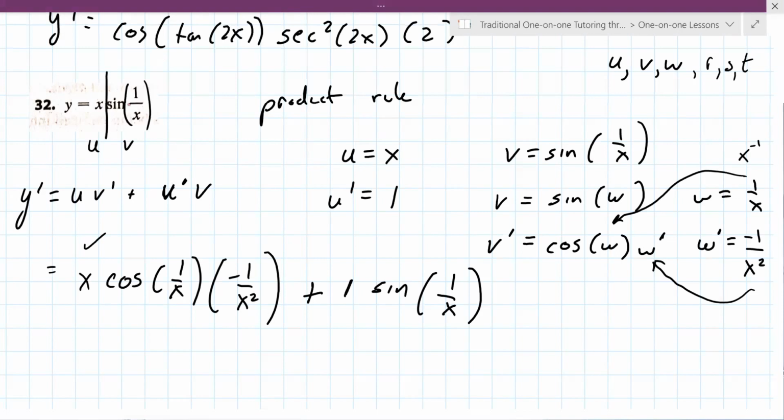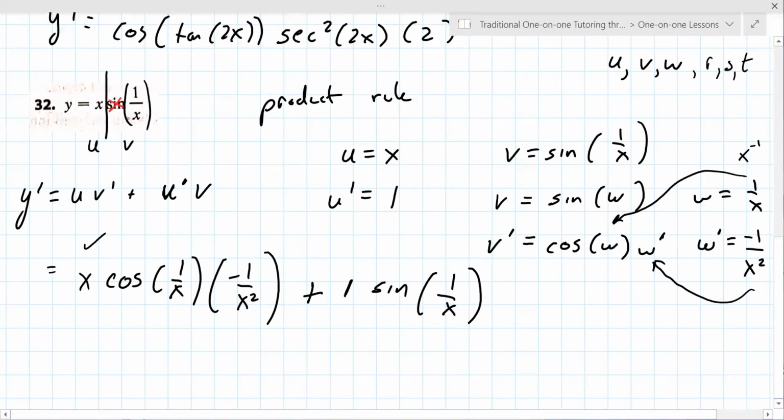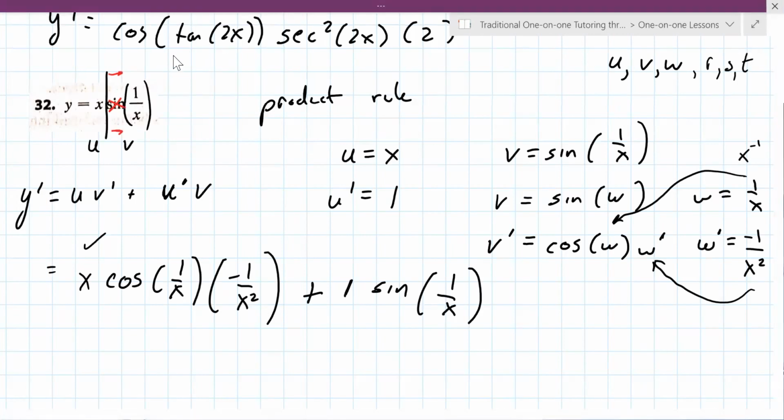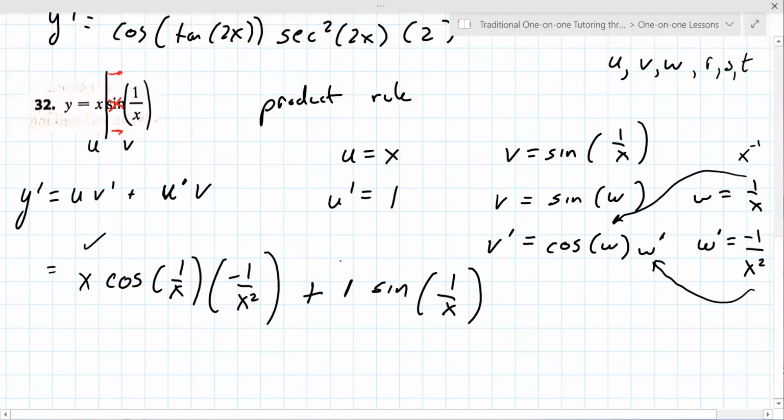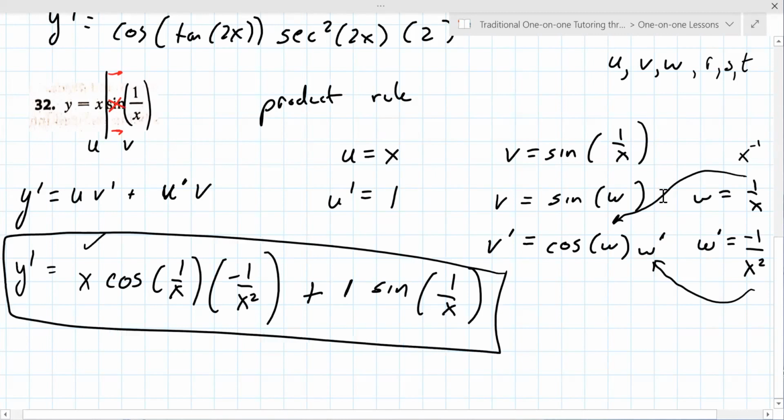Then you say, I've already dealt with sine. What's the derivative of 1 over x? -1 over x squared. That closes out the derivative of everything to the right here. Then you say, okay, I've got to take the derivative of x, that's 1, and then keep the second. If you keep doing this, you will truly be able to do this in one step. It just takes a little while to be able to do that.